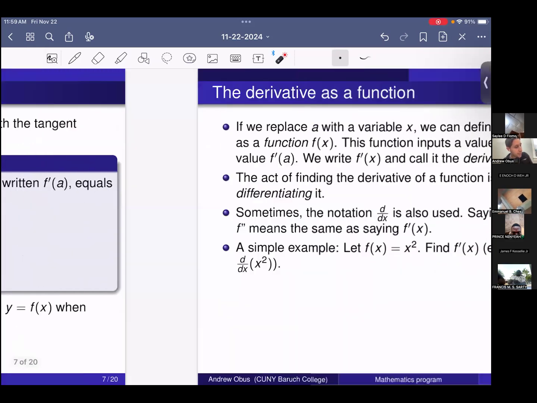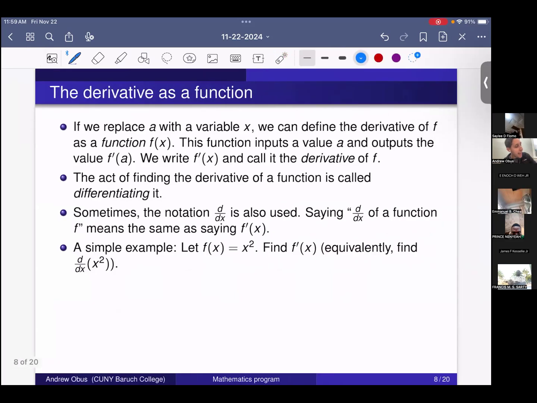So what I'm going to say on the next slide is that if we replace a with a variable x, so we allow to think of it as a function instead of just at one particular value, then we can define the derivative of f as a function. I should say, sorry, this should be f prime of x. So this function inputs a value a and outputs the value f prime of a. And we call this f prime of x, and we call it the derivative of f.